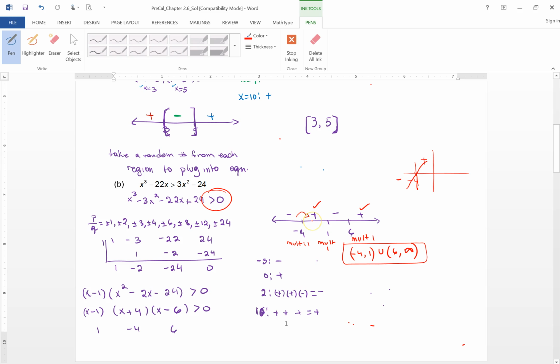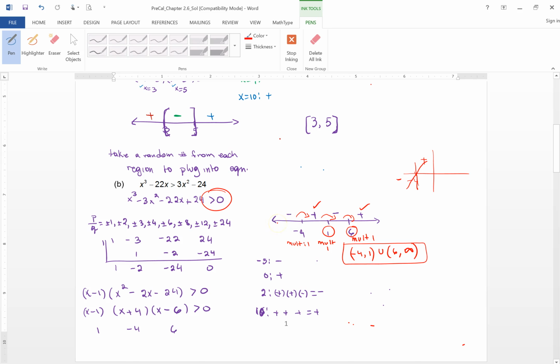So now that makes this positive. Now, look at this one. The multiplicity is odd. That means the sign will change from here to here. That makes that negative. Now look at this one. If the multiplicity is odd, that means the sign will change from here to here. That makes that positive.